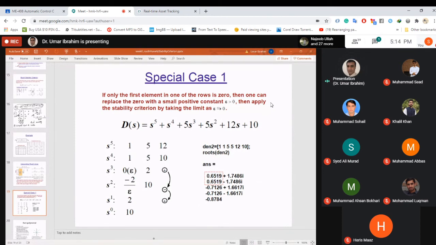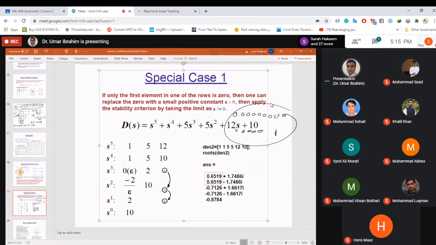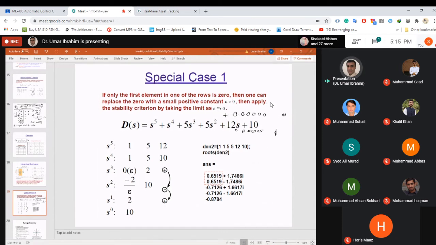Imagine that epsilon is 0.00000000001, a million zeros and then 1. But it is a positive constant, not a negative one. A very small positive quantity which approaches 0.